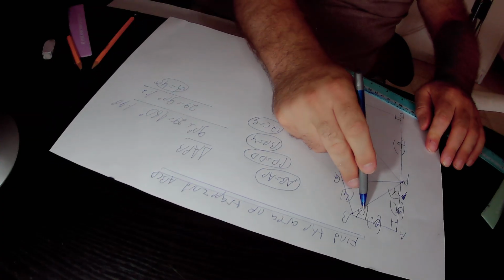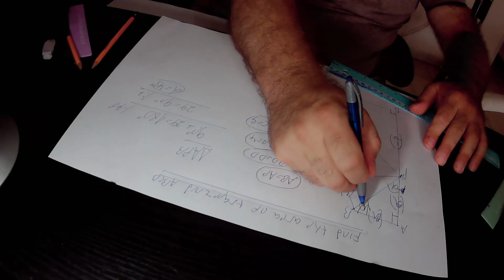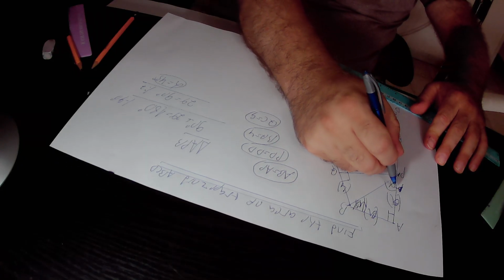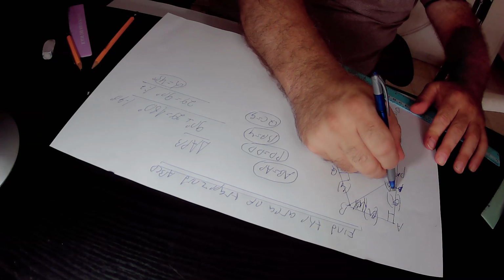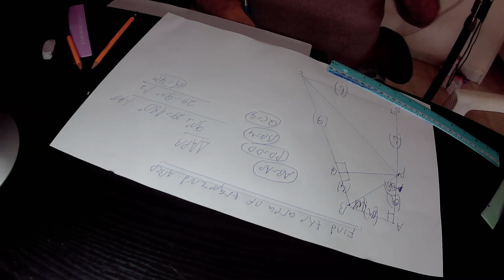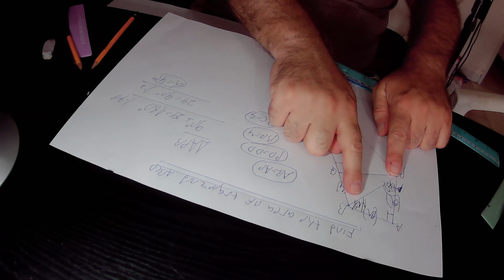So this is angle alpha, that is equal to 45 degrees in its size. And this is also angle alpha, that is equal to 45 degrees in its size. So in total, we found out that whenever you have a right triangle that is an isosceles triangle, those two angles must be equal to 45 degrees.